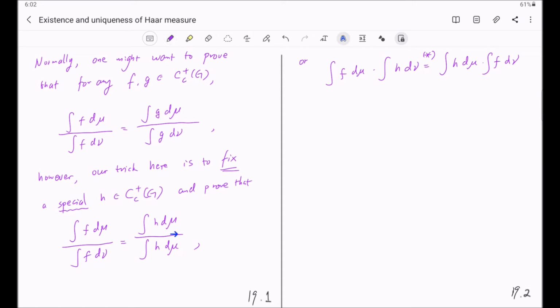So when we make this transition, although we do not have to pick two arbitrary functions, now we will face the difficulty of picking this special h. We're going to pick this h so well so that it will facilitate our proof. And now the question is how to pick this special h.